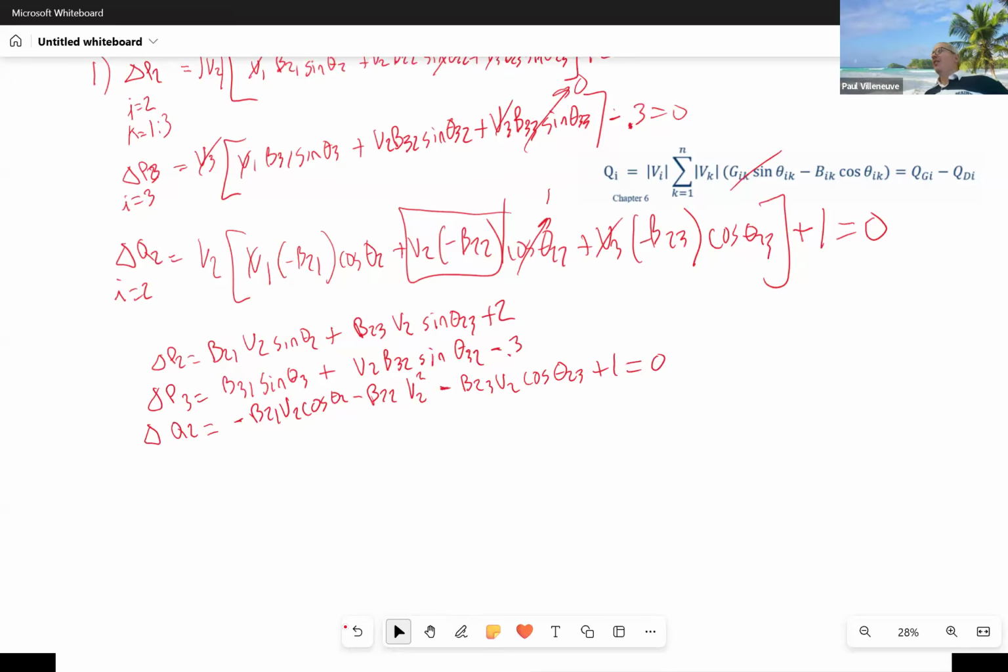The only variables that you should see in there that are actual variables are V2, theta 2, and V3. You see any other state variables in there? Obviously, we see a bunch of V terms, but I'm talking about the voltages and the angles associated with the buses. You see V1 in there, V3 in there, theta 1 in there? They shouldn't show up. So here's a check.